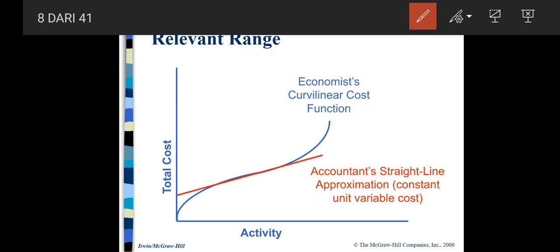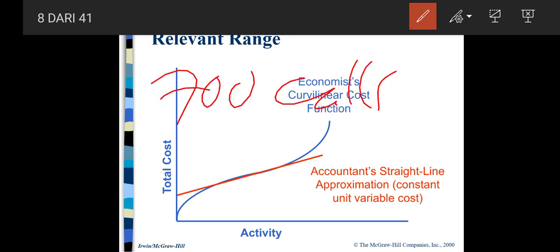So misalnya in February the company made 700 calls, so it costs $1,000, right?